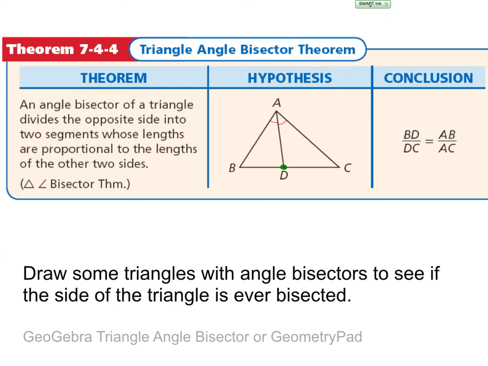Then you can grab a corner. Some of the corners will move, some won't. So you have to pick which one will let you move. Because I think a lot of your triangles that I'm glancing at, they kind of look isosceles. So I want you to stretch it and make sure that you see, even when it bisects the angle, it's not going to the midpoint.